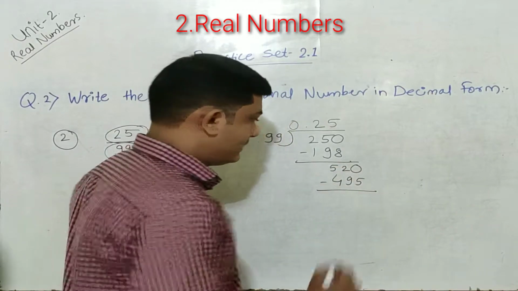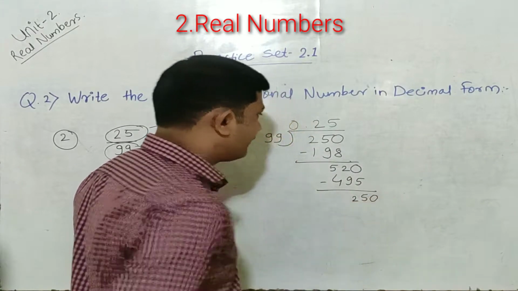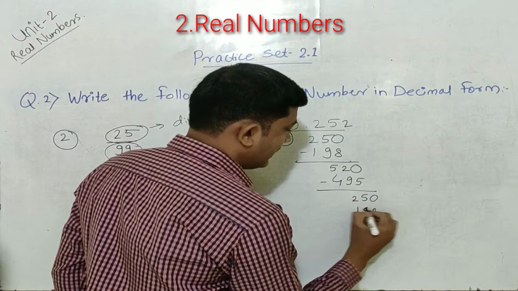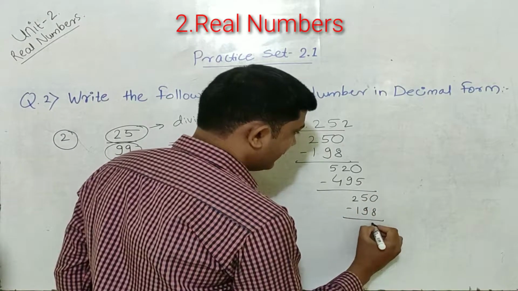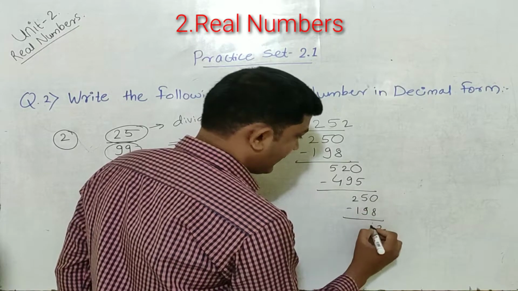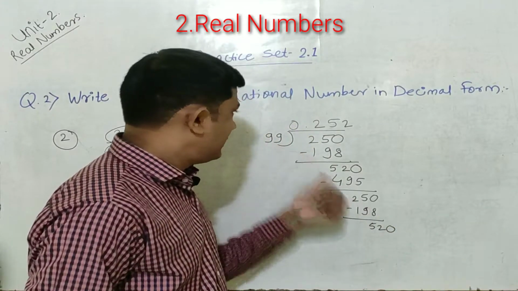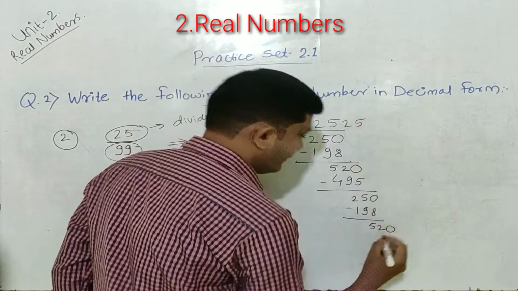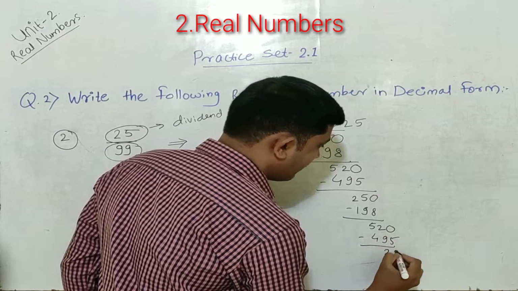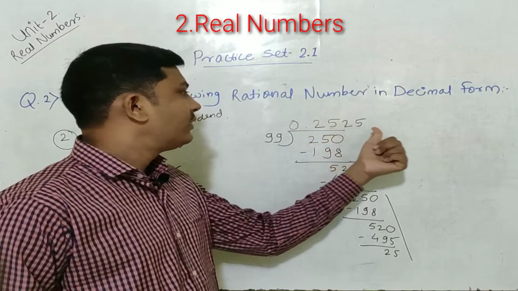Here again remainder is 25. Take 1 0, we get 99 twos are 198. Remainder is 52. Take 1 0. Again 99 fives are 495. Remainder is 25. From here it will be repeated again, 25, 25, 25.